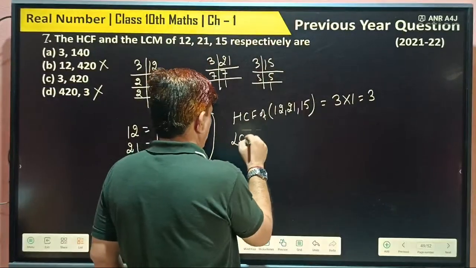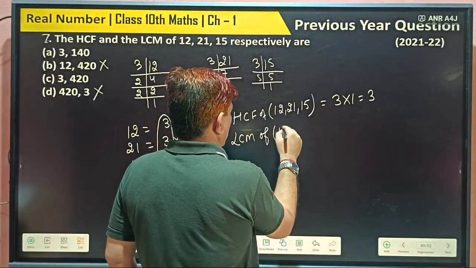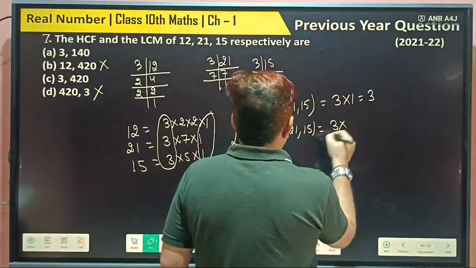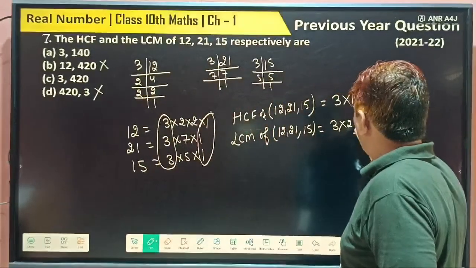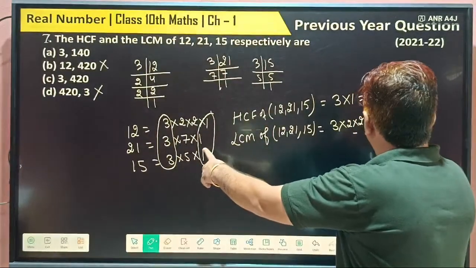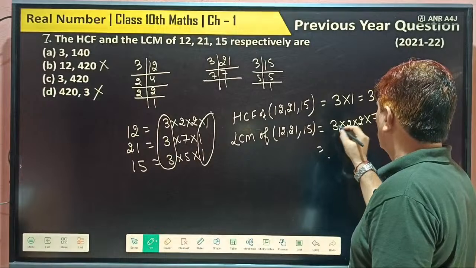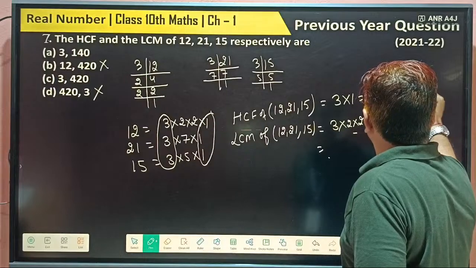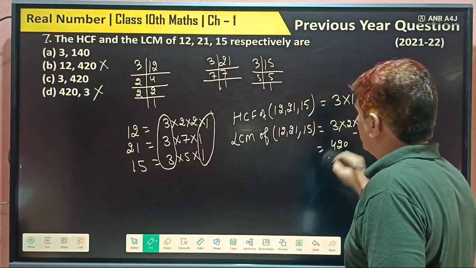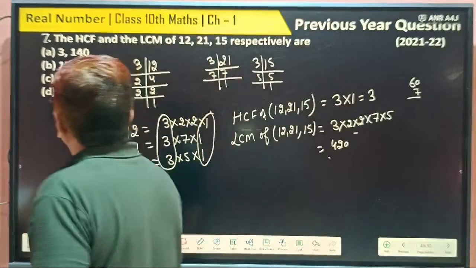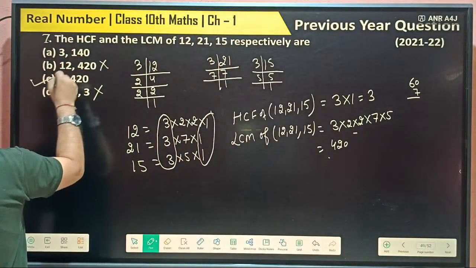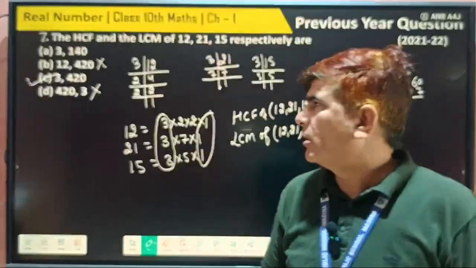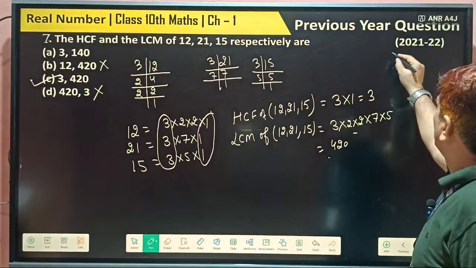LCM of 12, 21, 15: their HCF into 2, into 2, into 7, into 5. 3 twos are 6, 6 twos are 12, 12 fives are 60, into 7, 420. So this is your answer. Which one is your answer? This one. So this question came in the year 2021.